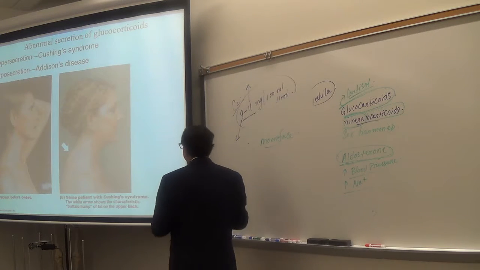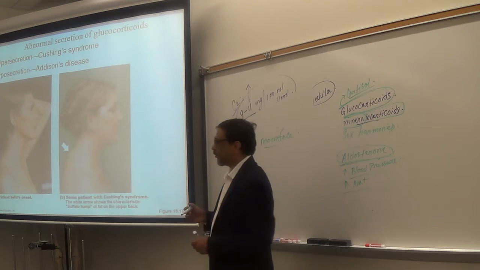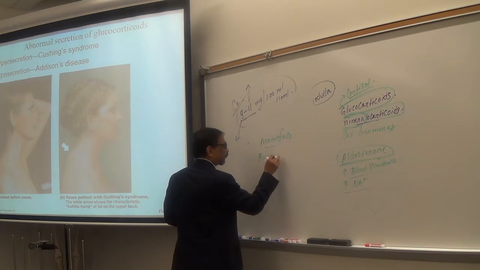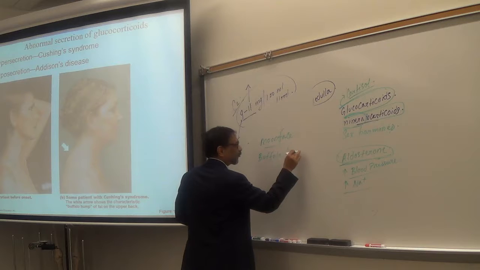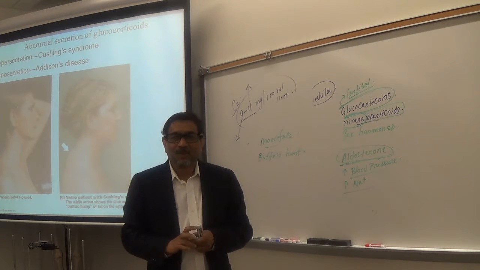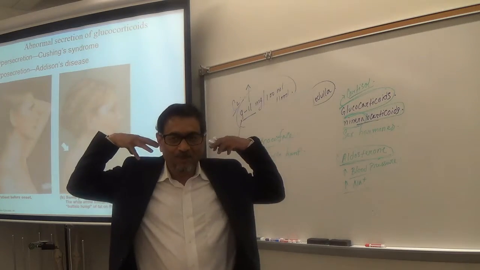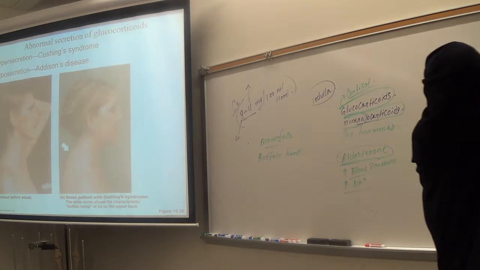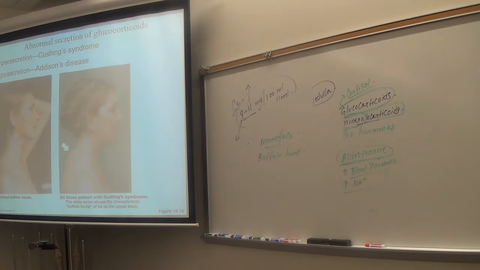Another is called buffalo hump. You know that, right? What is buffalo hump? You know, in the back of a buffalo, you have that hump. So a lot of fat accumulates in the back of the shoulder and the neck, upper part of the shoulder and neck here.